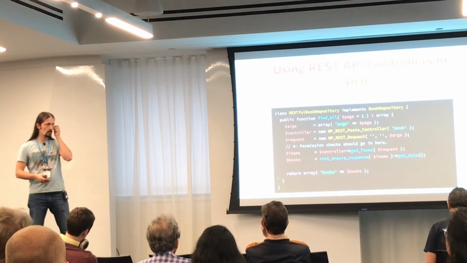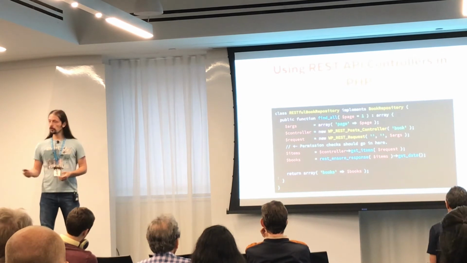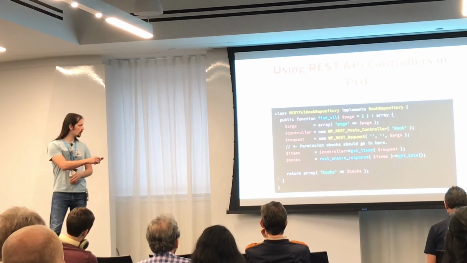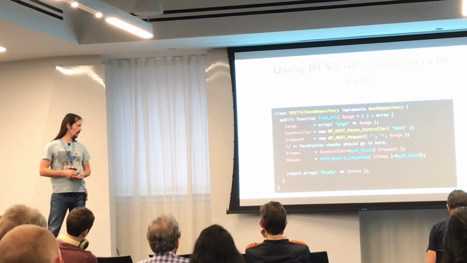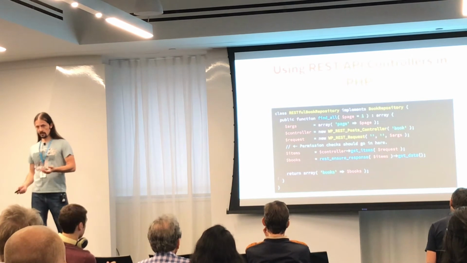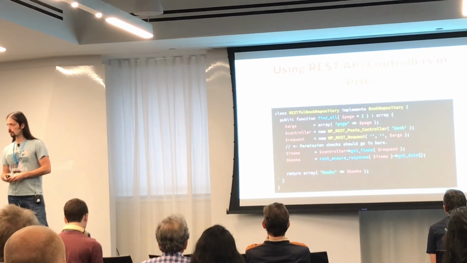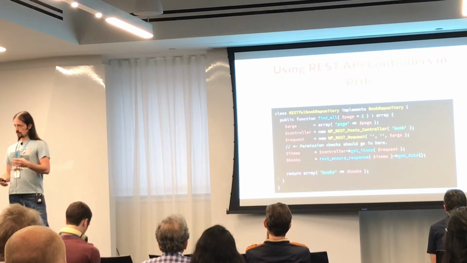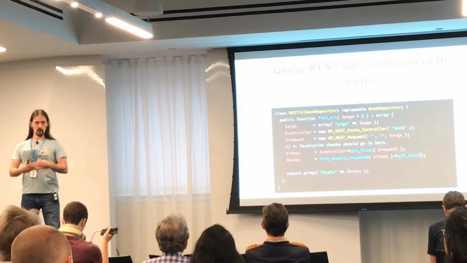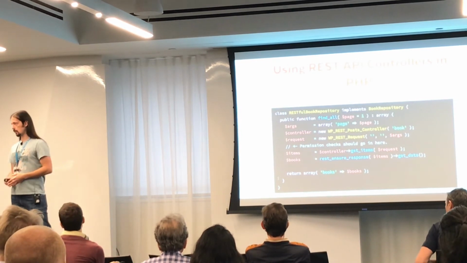So here I have a very simple example, the book repository interface that we had before. Here we have now a RESTful book repository, which still implements this find all method, but uses the REST API objects to do this through the REST API. So the REST API is just used as an abstraction so that we don't rely on whether we have access to the database or not.